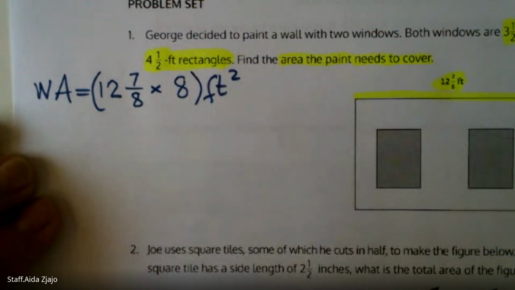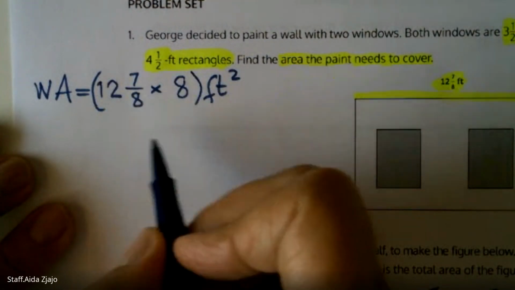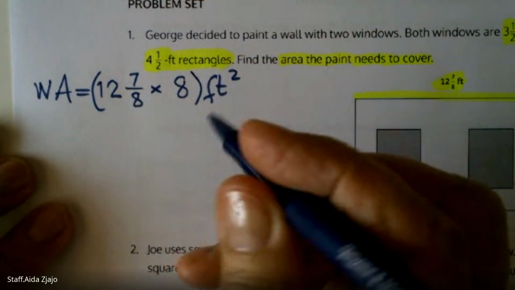We will use partial products, so we can say 8 times 12 and 8 times 7/8.